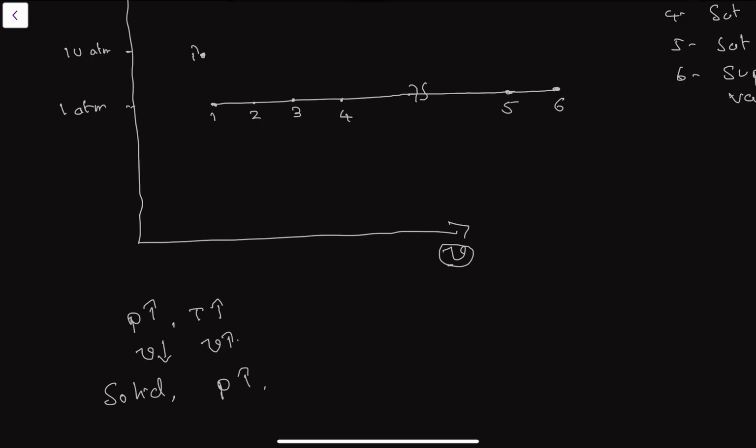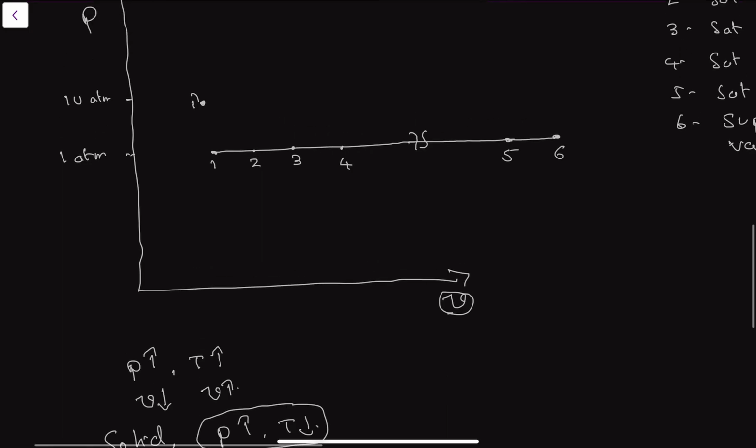So if you draw this line, you can see that 2 dash will be here and 3 dash will be here. That means the specific volume will be slightly reduced at higher pressures.